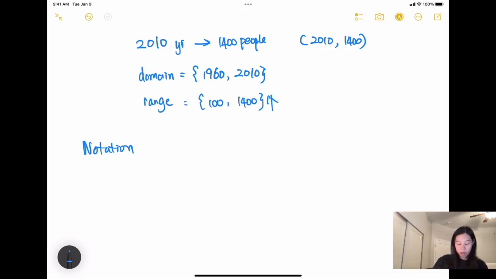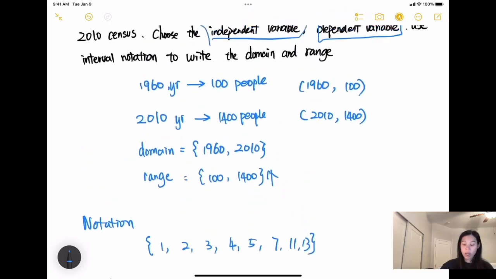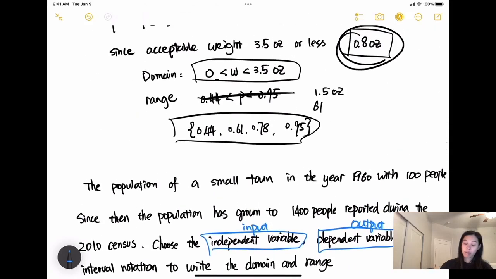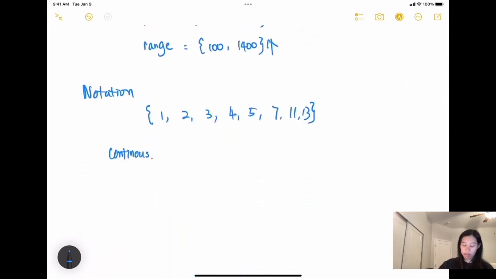So the notation for discrete data is we use curly braces and write down every data point that we have. Okay, so that part is easy. This is for discrete. What about continuous data, like the previous example, if it's in between 0 to 3.5 ounces?